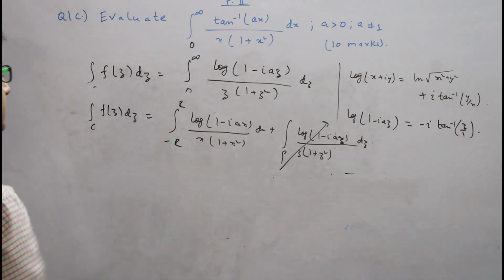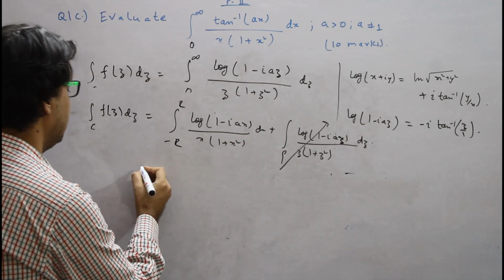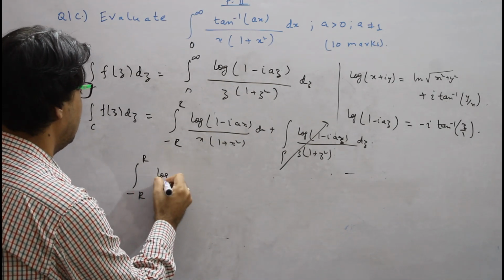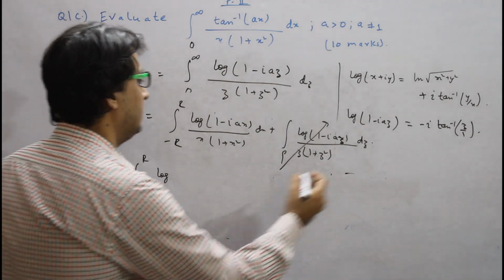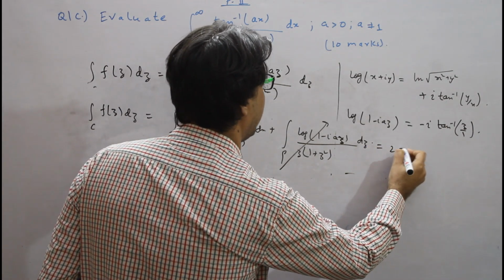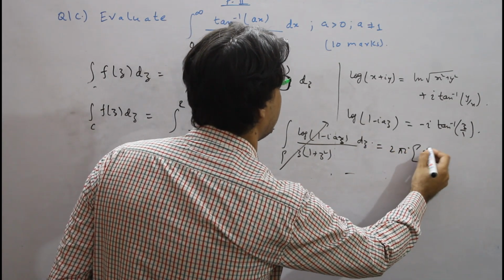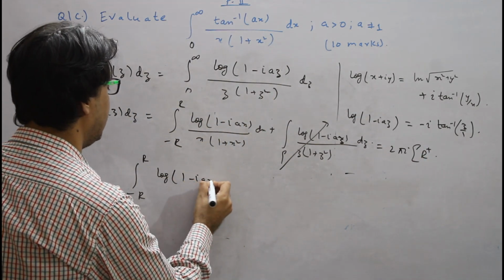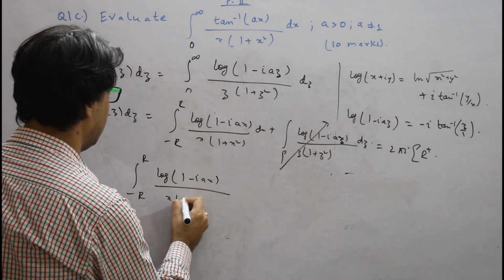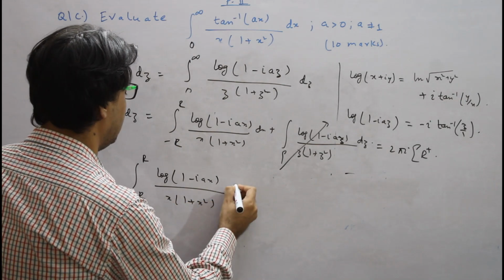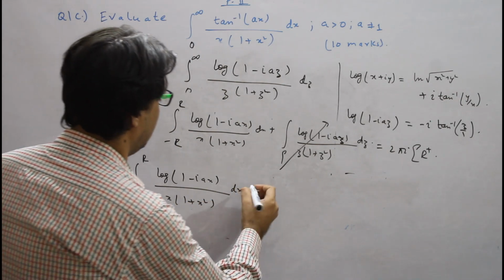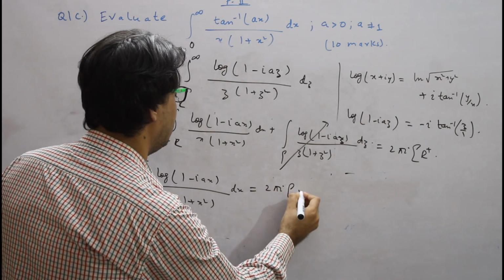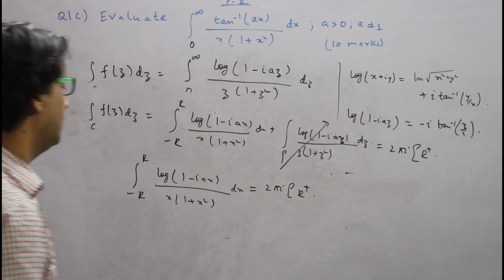So what will it give us? It is going to give us minus r to r log of (1 minus iax) divided by x into (1 plus x squared) dx, and this whole thing is equal to 2 pi i times the summation of residues.